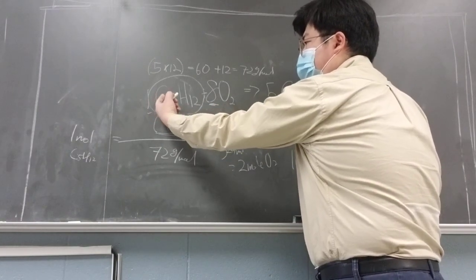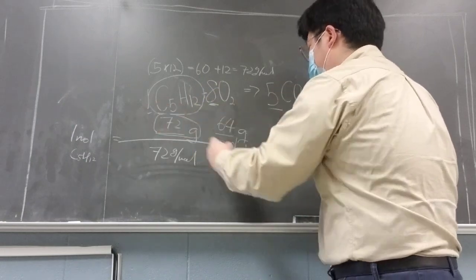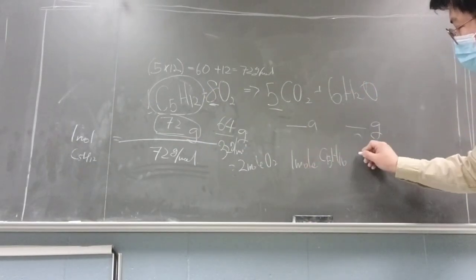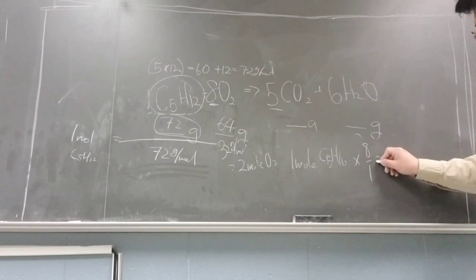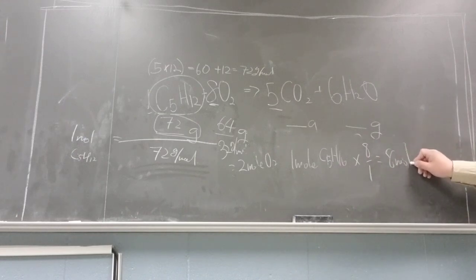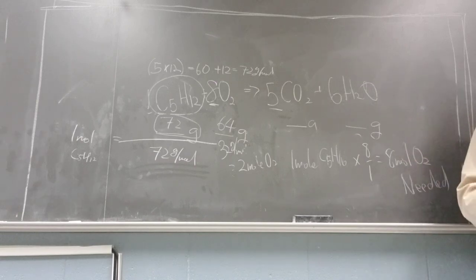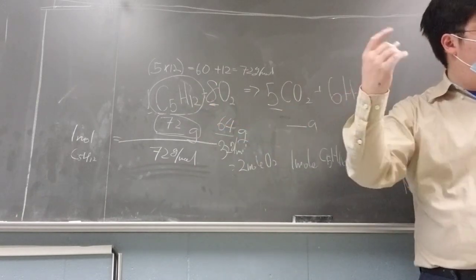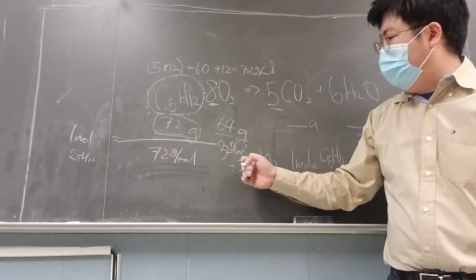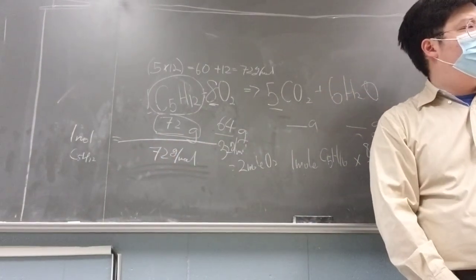So you're comparing this one to here, so it'll be 8 over 1. So you multiply 1 mole by 8 over 1, that is 8 moles. This is the amount of moles of O2 you need for a 100% chemical reaction. So you need 8 moles of O2 because it's a 1 to 8 ratio. You have 1 mole, you have to have 8, but you only have 2.